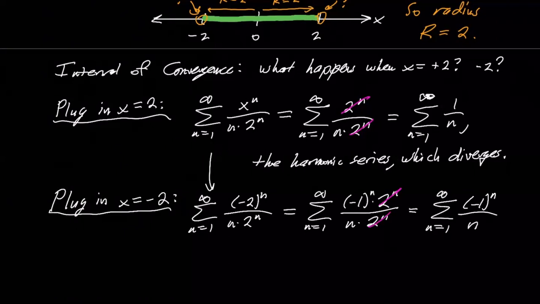Now this is an alternating harmonic series. It starts with minus 1 instead of plus 1, so minus 1 plus a half minus a third, but it's the same thing up to a minus sign. This is something we've explored before, and we know it converges.